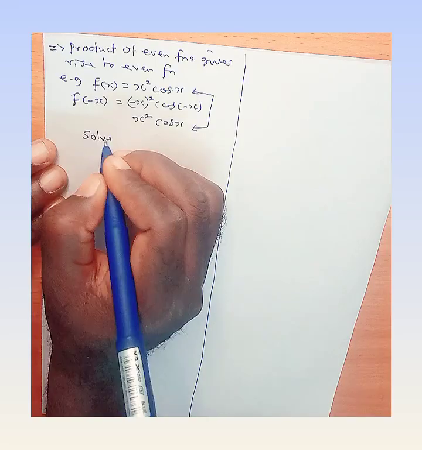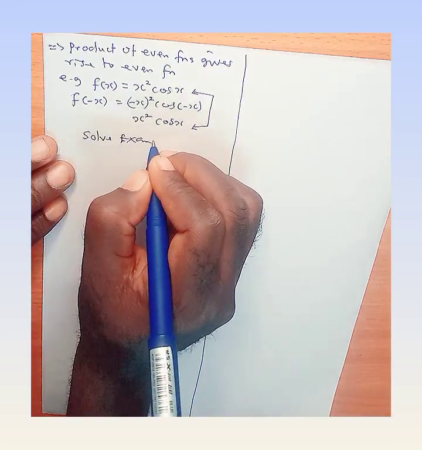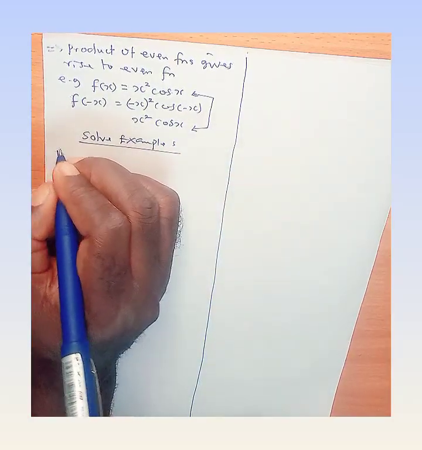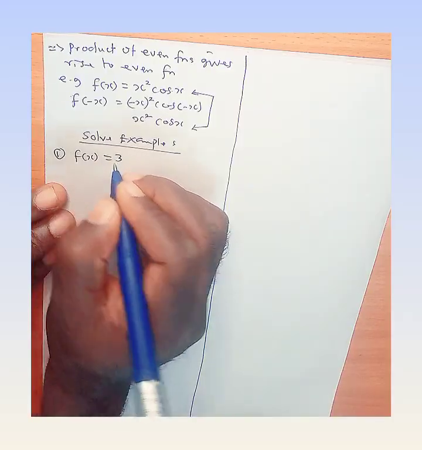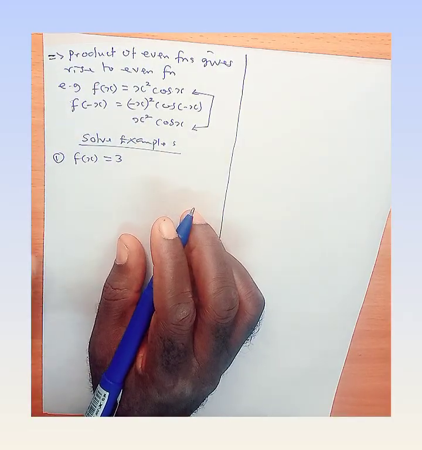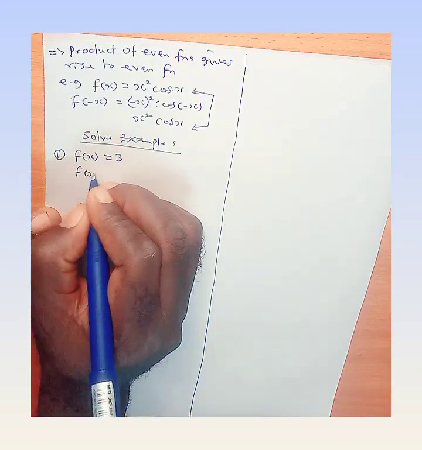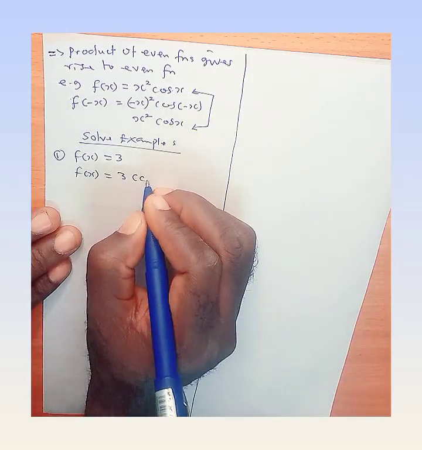Now let us look at solutions to some worked examples. Now let's take a look at this one. Number one here, they say f of x is equal to 3. Is this function an even function, odd function, or otherwise? Now we know that f of x is equal to 3 is a constant value.